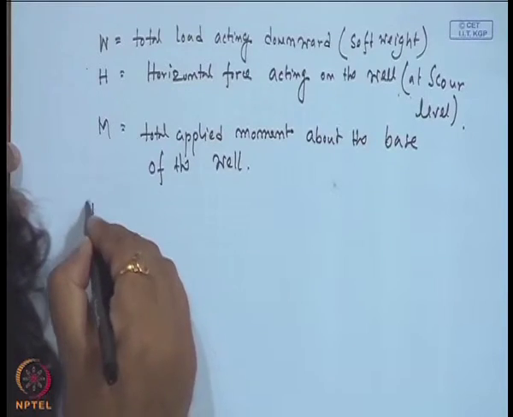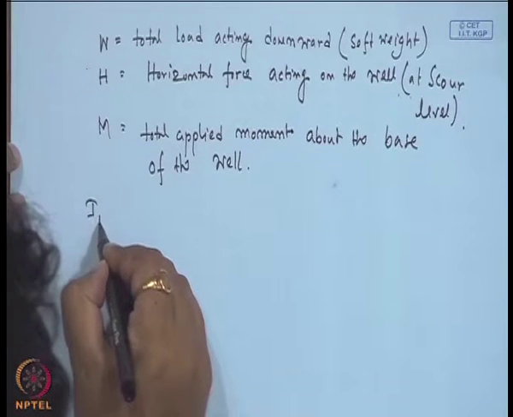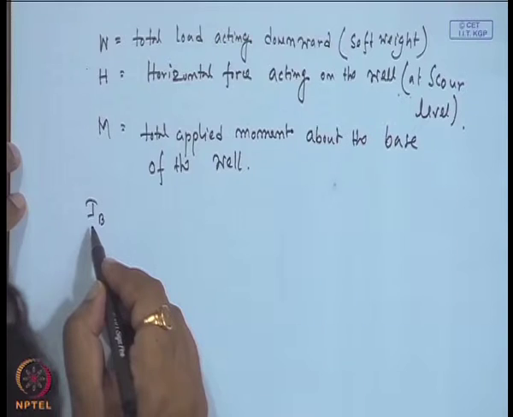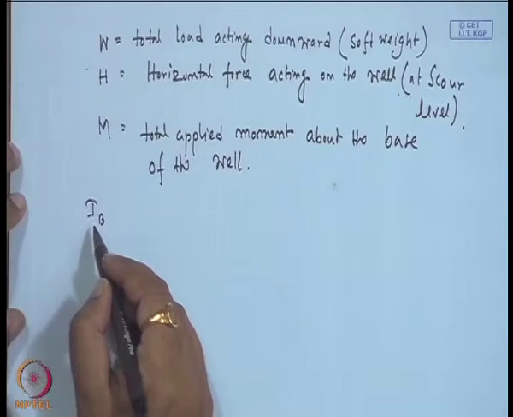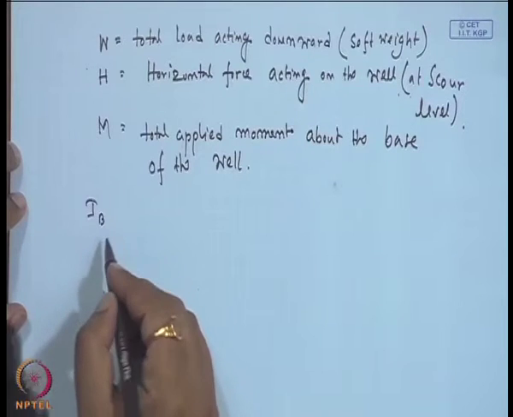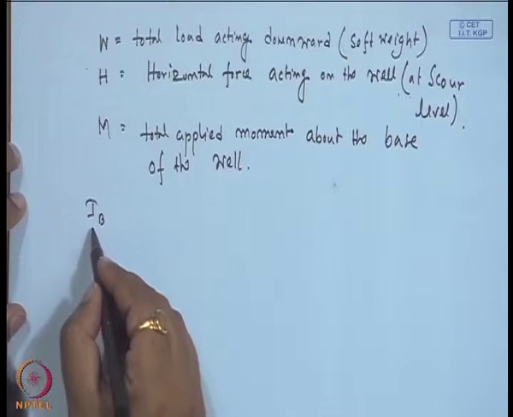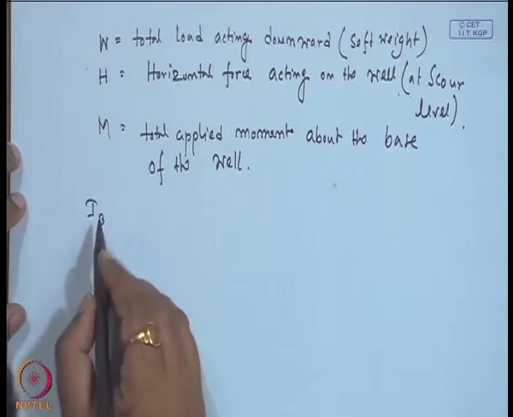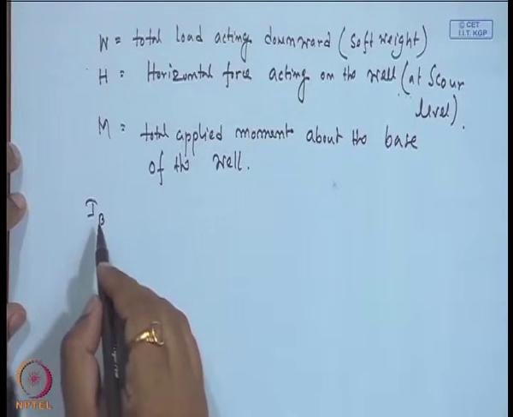First, we have to calculate the value of I_b, the moment of inertia at the base about an axis passing through the center of gravity and perpendicular to the horizontal resultant force.